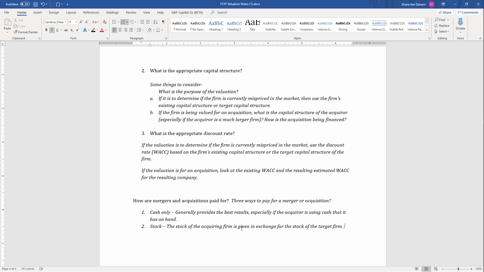Like I said before, a big benefit from using cash is that the cash that's being used is generally excess cash, or even if the firm is getting that cash through taking out debt, it locks up some of the future cash flows of the acquiring firm, and that's oftentimes seen as a benefit because they're getting rid of discretionary cash in the future.